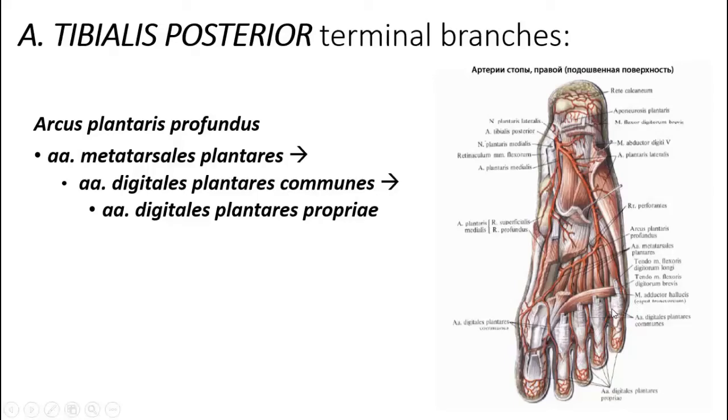And next to the toes, each will split into two arteriae digitales plantares propriae that go along the sides of our toes. You can see one arteria digitalis plantaris communis split into one and two arteriae digitales plantares propriae that will supply our toes.